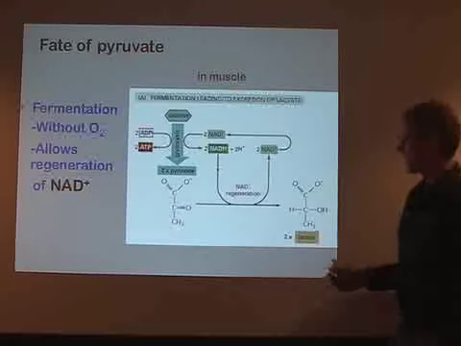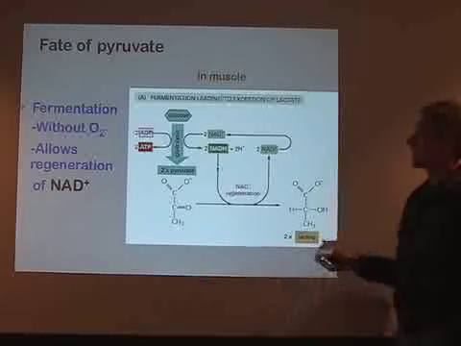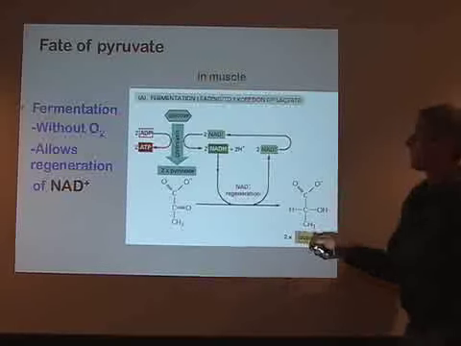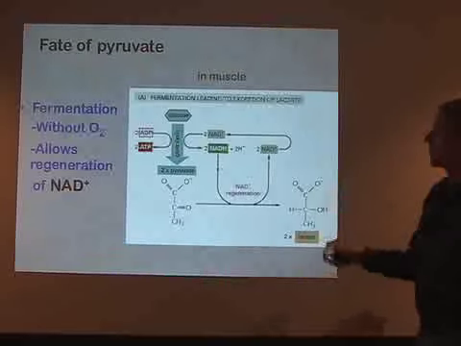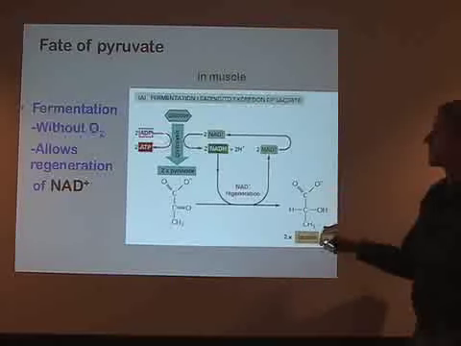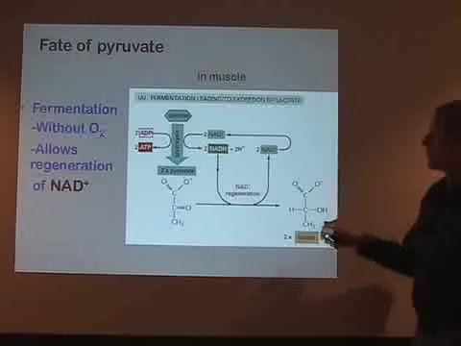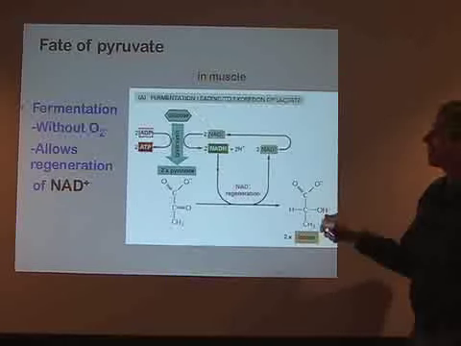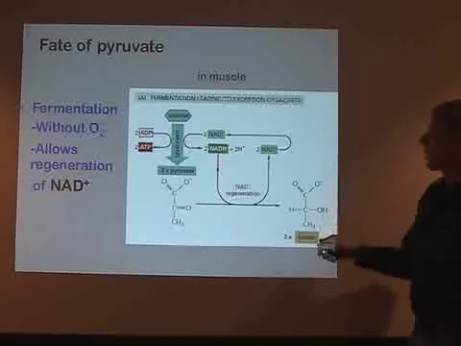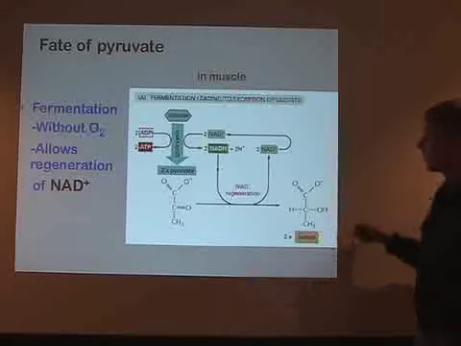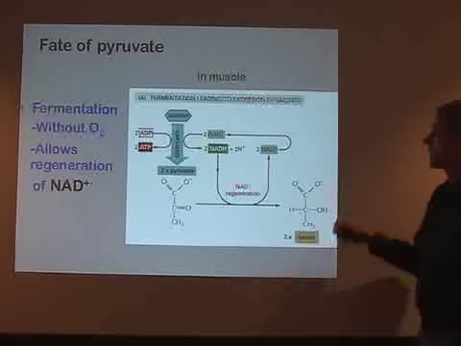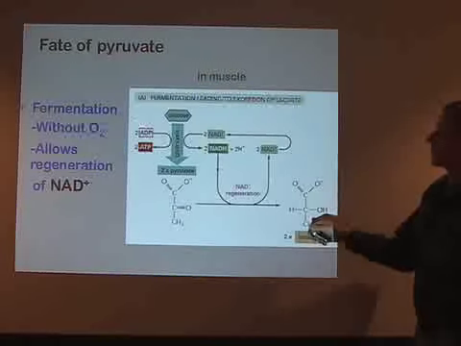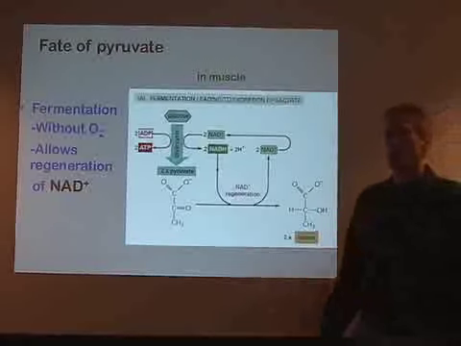In muscle, it forms lactate. So you get ATP, you form pyruvate from glycolysis, and you form NADH. And pretty soon you run out of NAD, so fermentation allows you to form this intermediate lactate and regenerate NAD so that glycolysis can continue, and you can continue to make ATP.